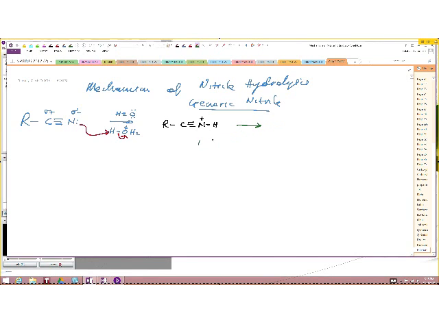Of course, you know we form water here. So the water comes here acting as a nucleophile, attacks this, and this electron is put to nitrogen. Let me use a different color pen. So now you have this here.